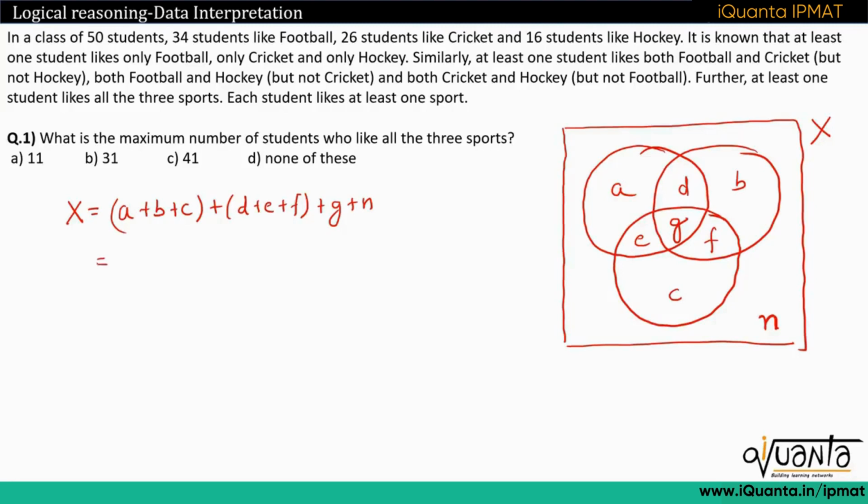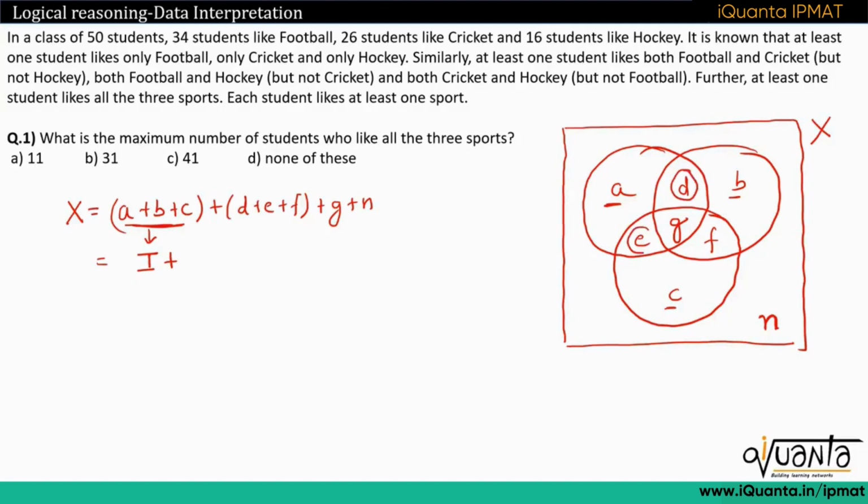Now if I try to look at this bracket over here, A plus B plus C, then what is A plus B plus C in the diagram? A is over here, B is over here, C is over here. So basically A, B, C are the regions that are denoting exactly one. That means the people who are playing exactly one of the games, either football or hockey or cricket. So this can be written as exactly one plus, how can D, E, F be written over here?